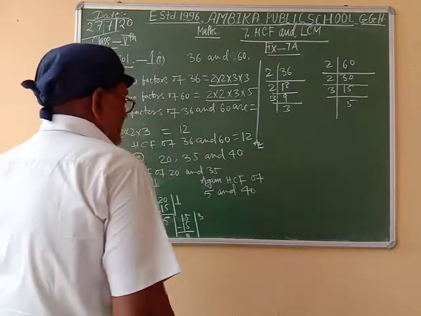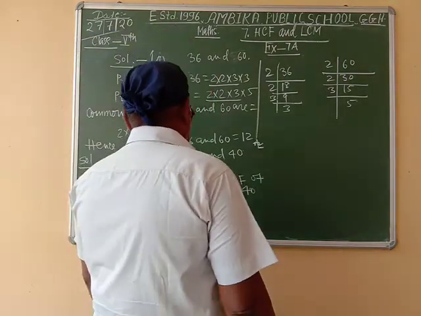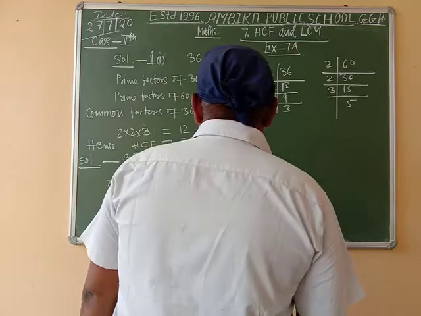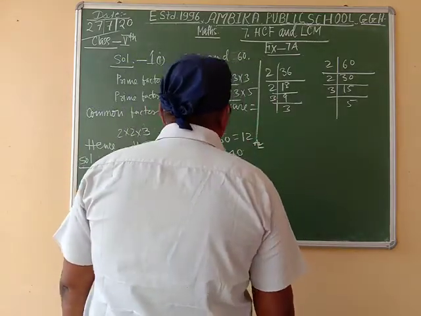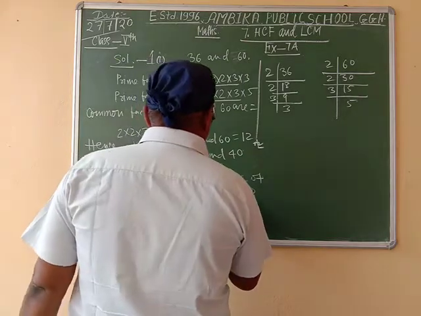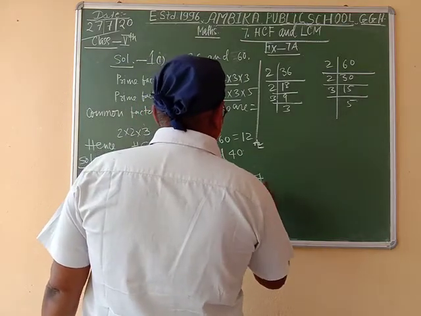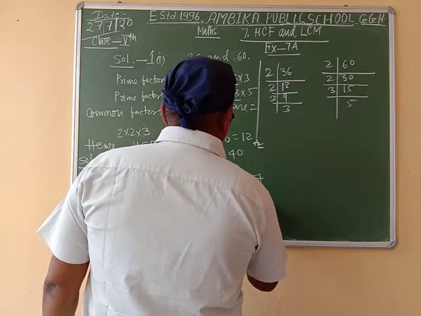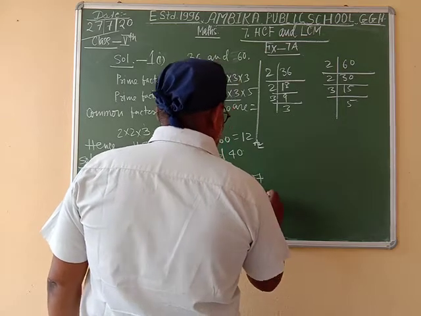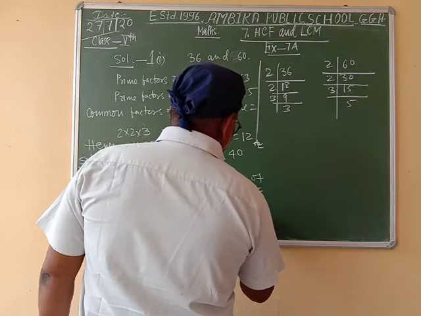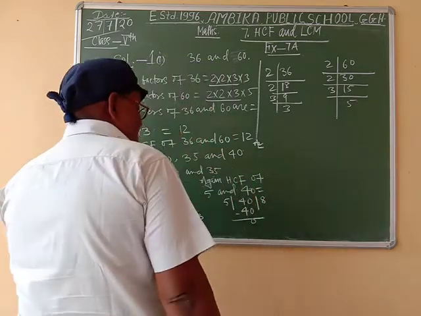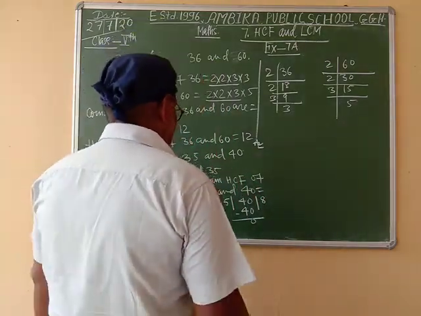Here 40 is the greater number and 5 is the smaller number. So according to the rule, divide the greater number by the smaller number. 5 goes 8 times in 40. So the remainder is 0. Hence, the last divisor will be the required HCF.